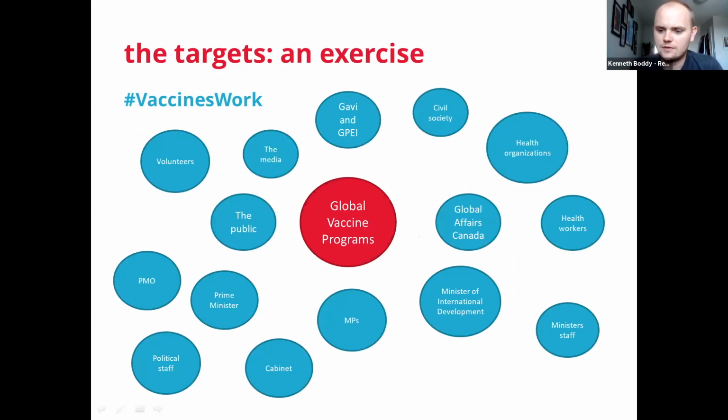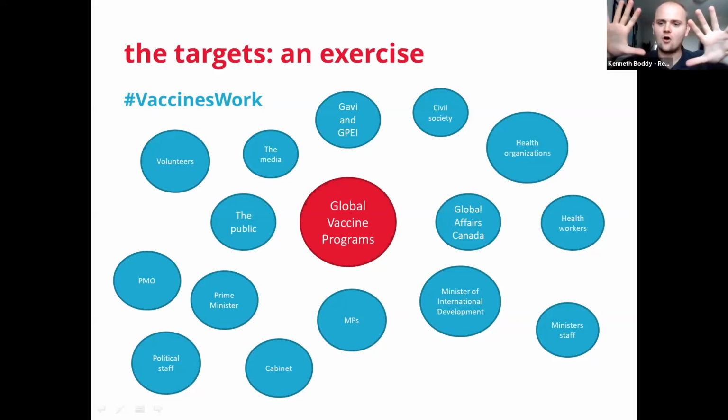An example that we use here, we have a vaccines work campaign, which is trying to increase funding to global vaccine programs. When we did a similar mapping exercise, and believe me, this got quite long, there were a couple of different chart papers taped together, but I tried to replicate some of it here.